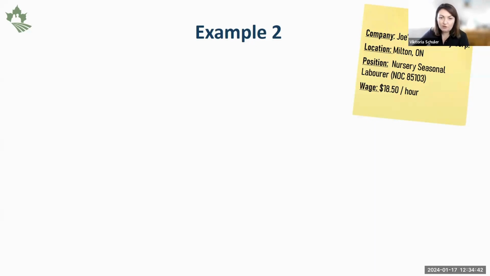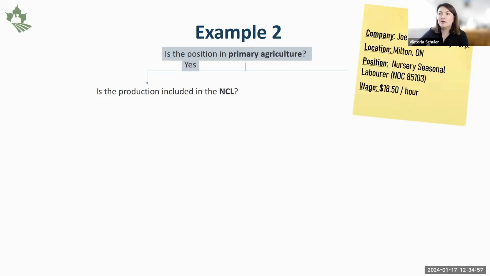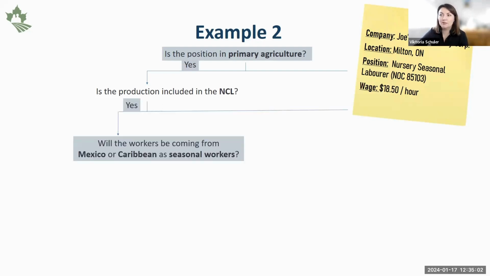Let's try to determine the stream here. So is the position in primary agriculture? Yes, because this is a tree nursery, and they're growing trees there. So yes. And the other one is, is the production included in the national commodity list? Yes.